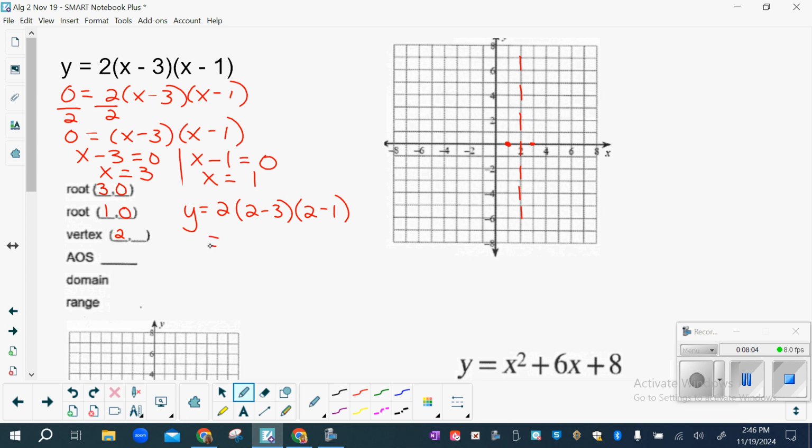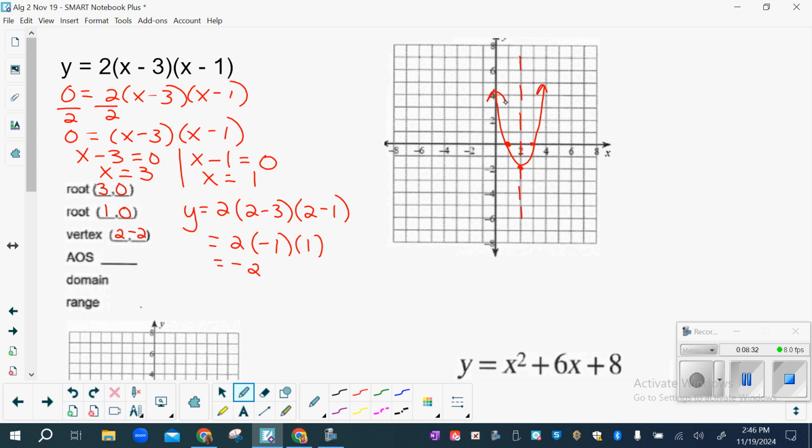So we would get 2 times -1 times 1. And what does that give us? -2. That's right. So 2, -2. And then we have our 3 points.